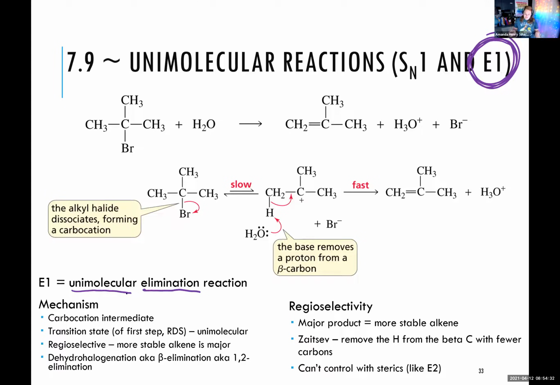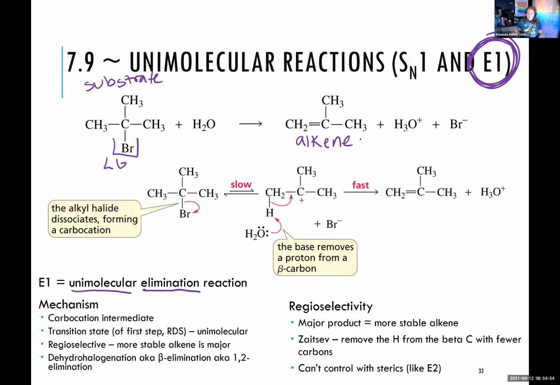In an elimination reaction, we are always going to form an alkene. So E2s form alkenes, E1s form alkenes. So we're starting with our substrate here. There's our leaving group. And what we're going to make every single time is an alkene.